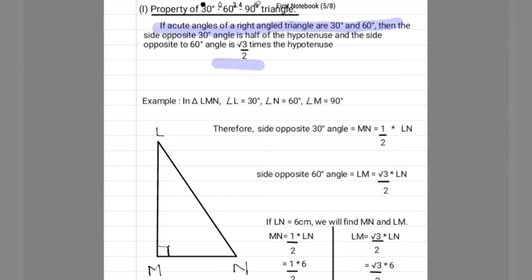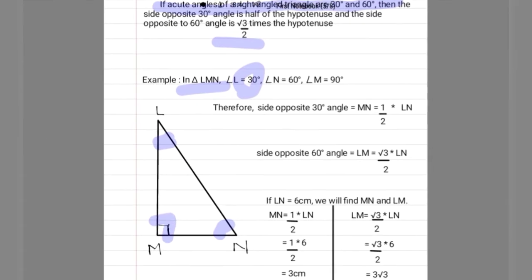In the example, it is given that in triangle LMN, angle L is equal to 30 degrees and angle N is equal to 60 degrees, and this angle is 90 degrees, we can see here, right? So therefore the side opposite to the 30 degree angle, that is this side, is equal to half of the hypotenuse.